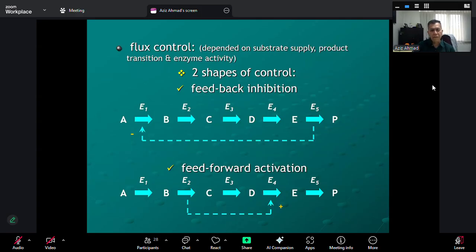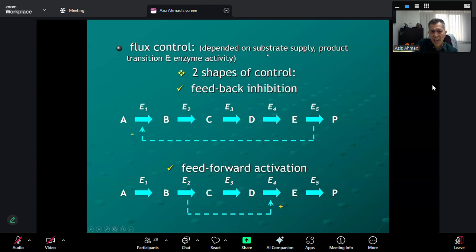Okay, flux. These are the fluxes. This is what I meant previously. Flux is a control that depends on substrate supply, product transition, and enzyme activity. Because in living things, the catalyst is the enzyme. Enzyme is a protein. So protein depends on a few factors, which I won't touch on in this subject. So the mechanism depends on the substrate.